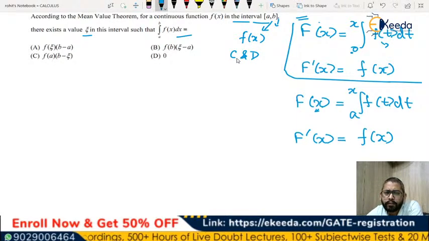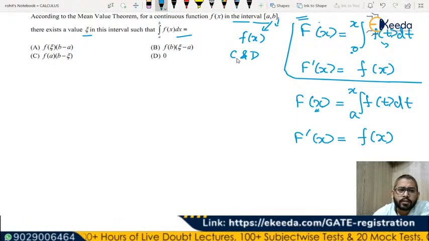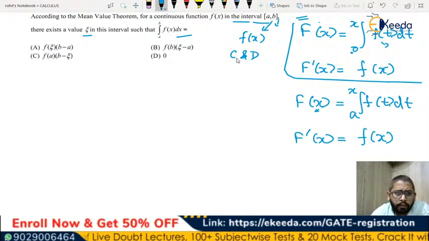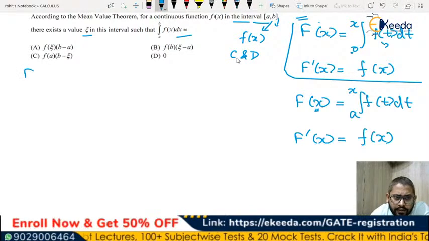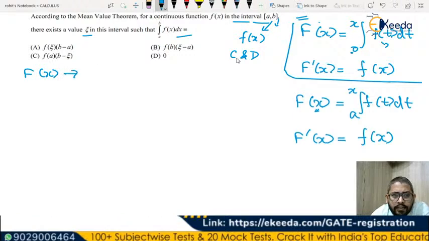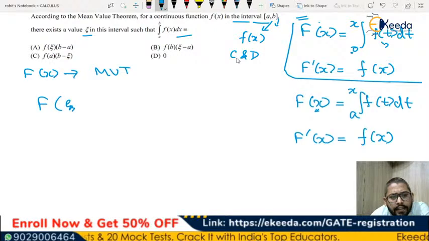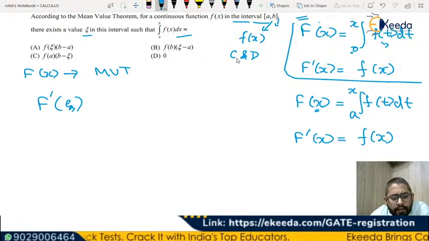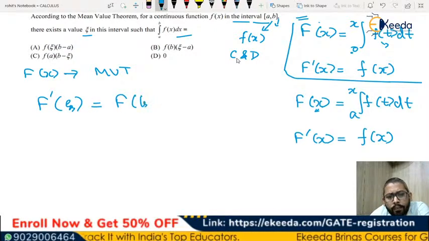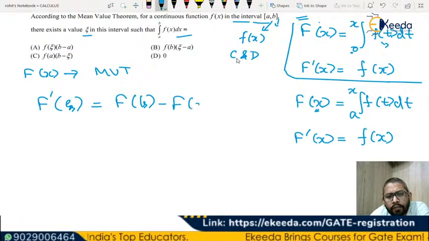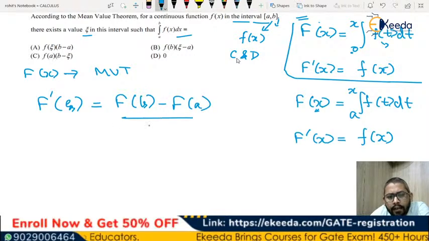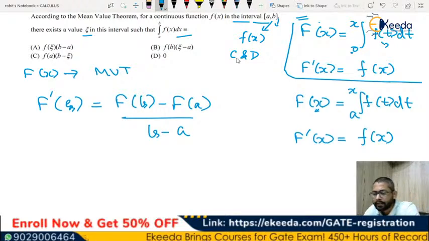Now we apply the mean value theorem for capital F of x, instead of small f of x, and we say that for some point zeta, F dash of zeta is going to be F of b minus F of a divided by b minus a. We can write this.